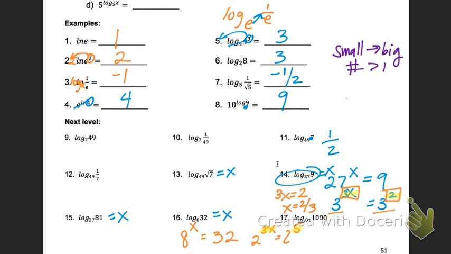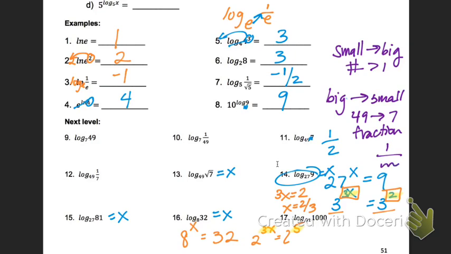But if you're going from big to small, so for instance on number 11, you're going from 49 to 7, so you're going smaller, you're going to have a fraction for an answer. Gotcha. And then if you have a 1/something, then your answer is going to be negative. Is number 10 -2?